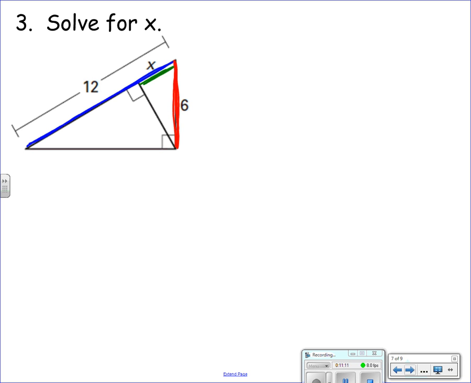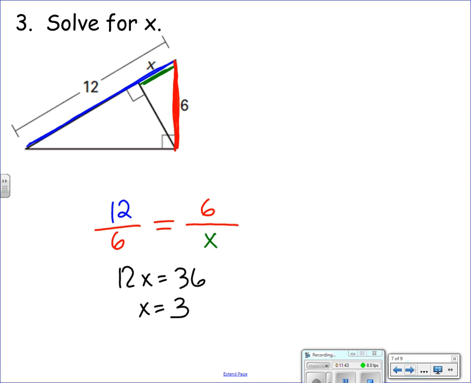Now the leg of the big triangle is adjacent to that little piece that we have. So I know that my leg here is the geometric mean. So it goes across the diagonals between the whole hypotenuse and the part that is adjacent to the leg that's the geometric mean. So I cross multiply, and I get x to be 3.